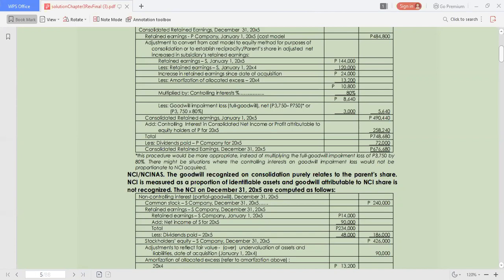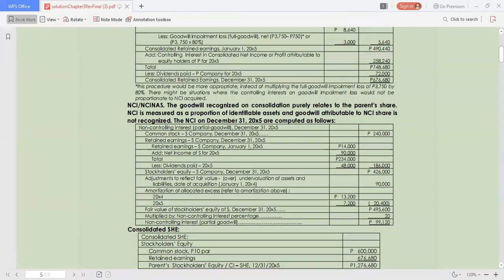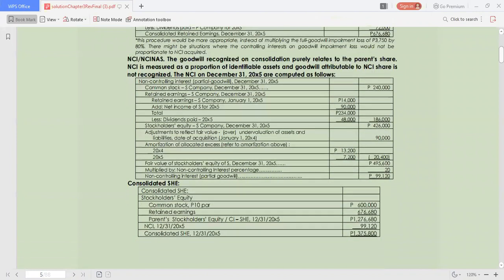That's the retained earnings of S company. Then we have to deduct the adjustments to reflect undervaluation of assets and liabilities. And we have the amortization of allocated excess. And we have now the fair value of stockholders' equity of S on December 31, 20x5 multiplied by the non-controlling interest percentage. So we have now the non-controlling interest partial goodwill of 99,120.